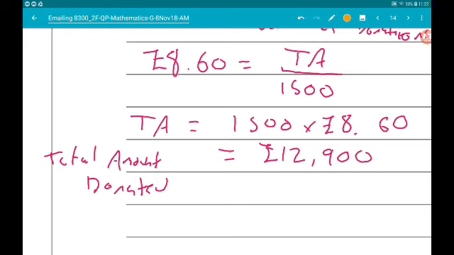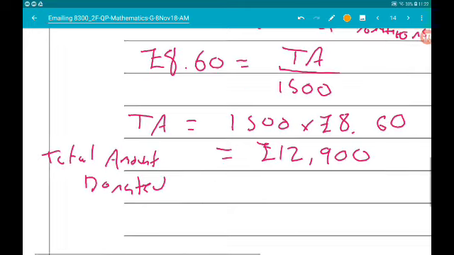Okay, now we just need to deal with the fact that in the last one, 1/3 of the people filled in a tax form, so we're going to assume that 1/3 of these people fill in a tax form. So that means we don't really need to work out how many people filled in a tax form, we just need to work out 1/3 of the total amount donated, work out 25% of that, and then add it on to the total donations.